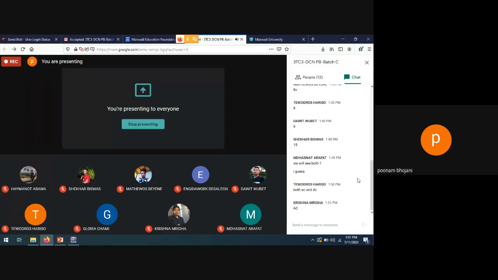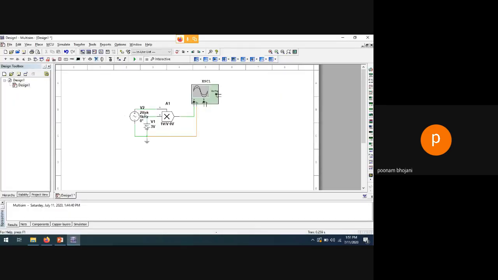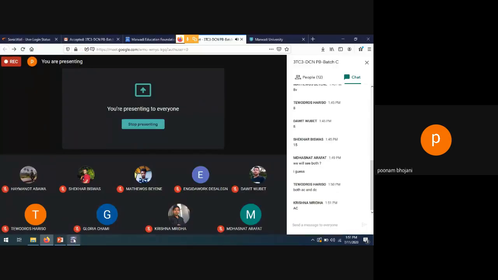Okay. So if you are saying only AC, then how much voltage will be there at the output? 2 volt is AC voltage, 3 volt is DC voltage. If you are saying only AC voltage will be there, then what will be the voltage? 2 or 3 or 5 or 6?